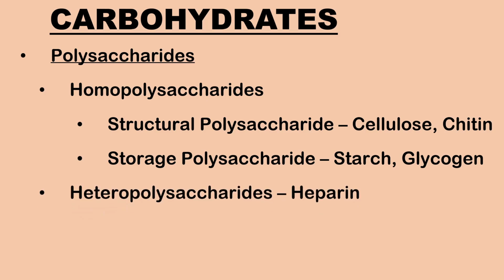When polysaccharides are composed of 2 or more different types of sugar units, then they are known as heteropolysaccharides. Example, heparin, an anticoagulant, hyaluronic acid, a lubricant, and murein present in bacterial cell wall.